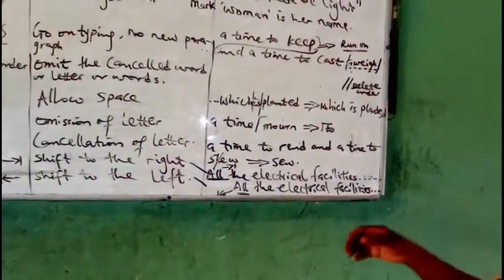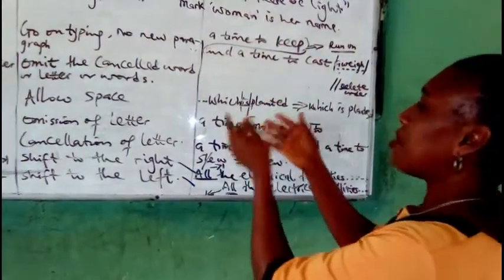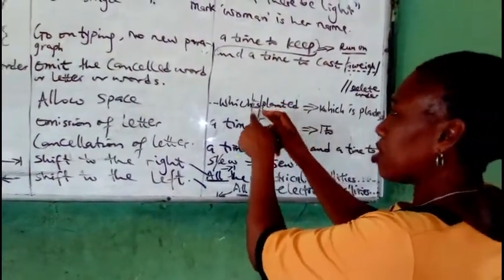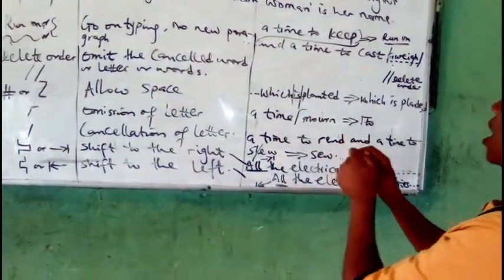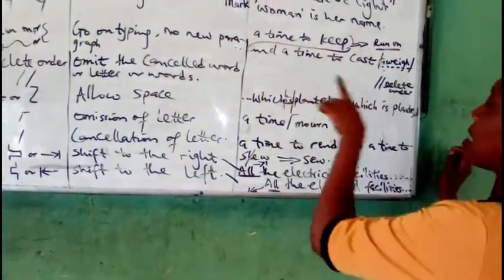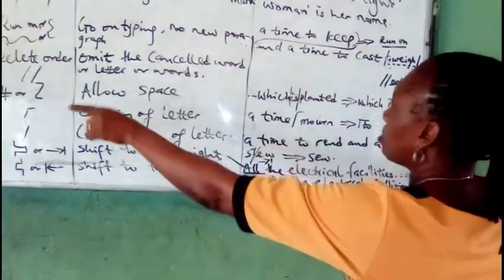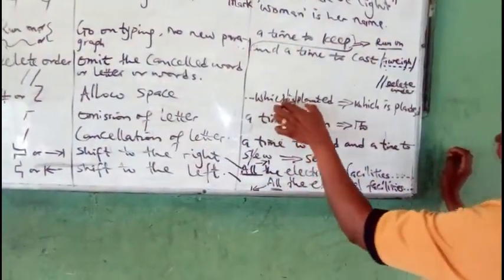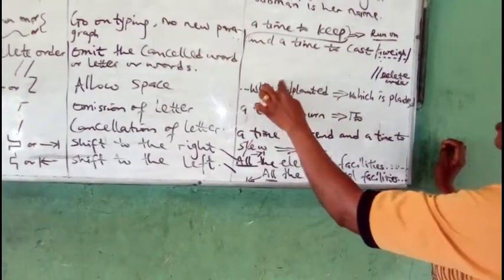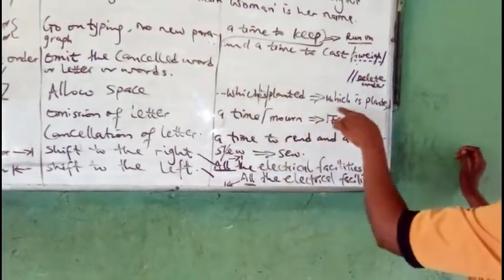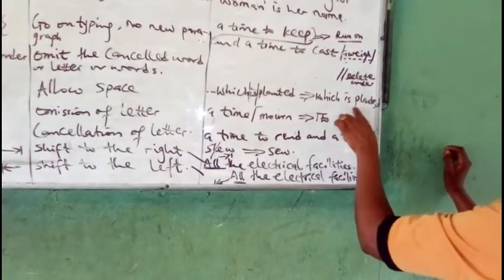But the reader now finds, oh, you made a mistake, there is no gap, but this place is supposed to have a gap. What it means is to put the cancellation sign, that is 1, and then cross it, which is allow space. So you should allow space here and then here, which is, you see the space now, "planted".